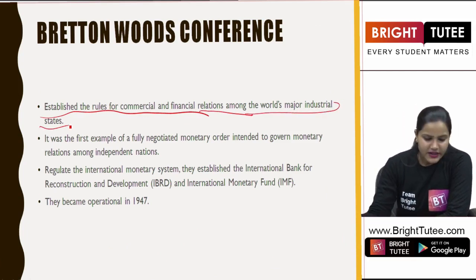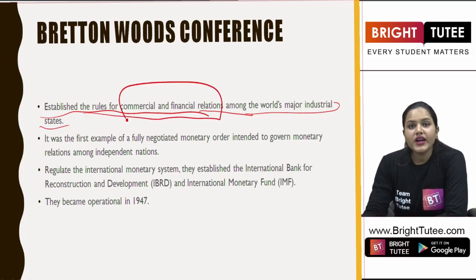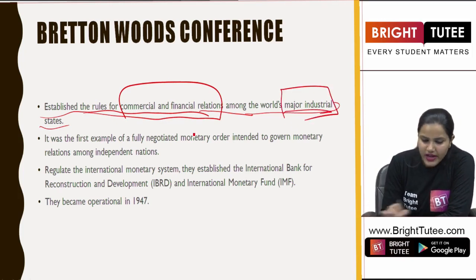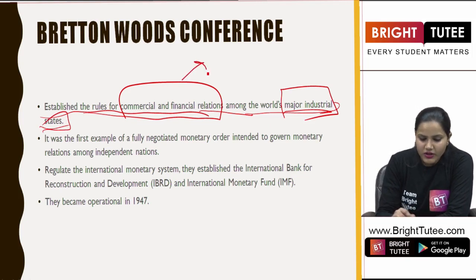Now, they started by establishing the rules for commercial and financial relations. Among whom? Among these major industrial states all over the world, so that they could ensure economic stability.